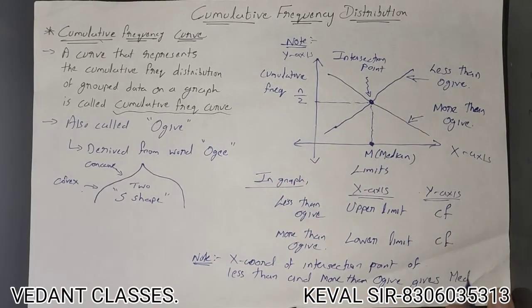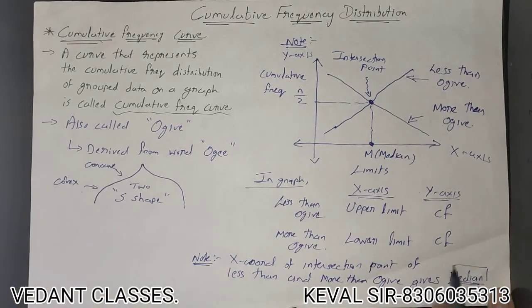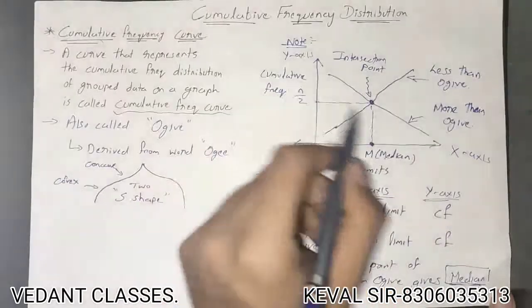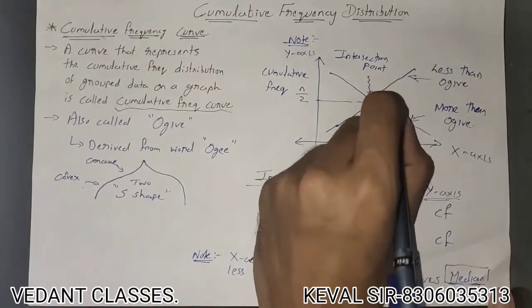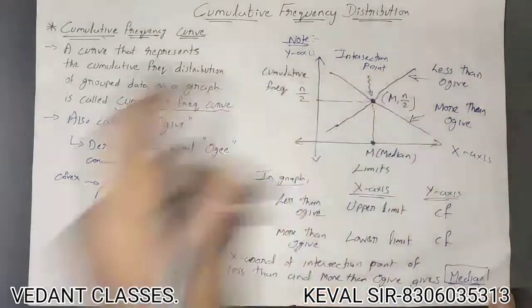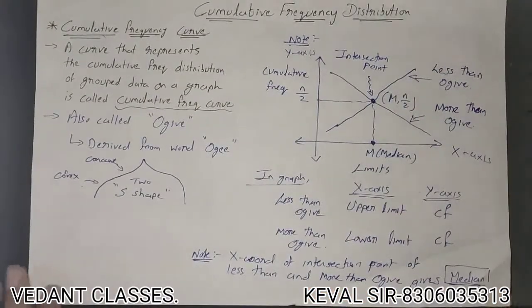So this is one important question that can be asked in the exam. You will get the median using the intersection point of less than and more than ogive. The coordinate for this point will be m comma n by 2. So this coordinate you will get at the intersection point.